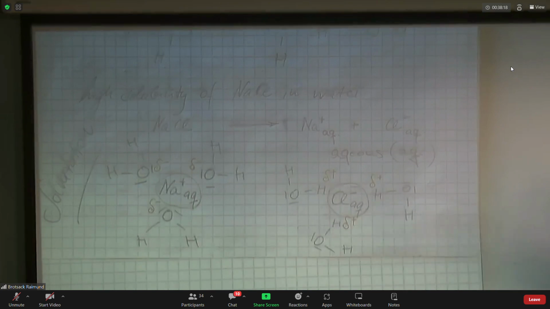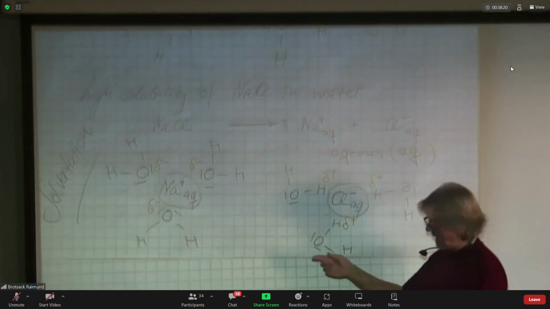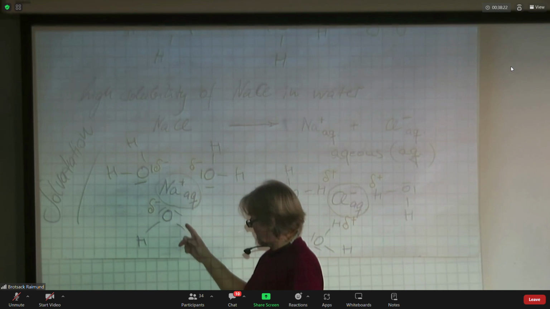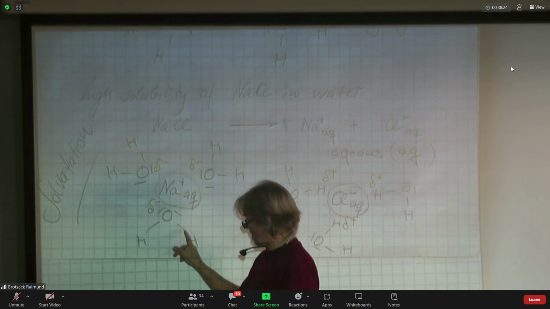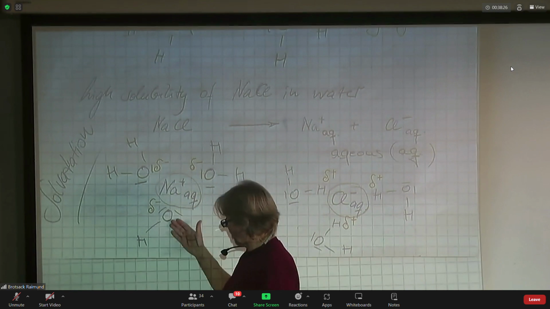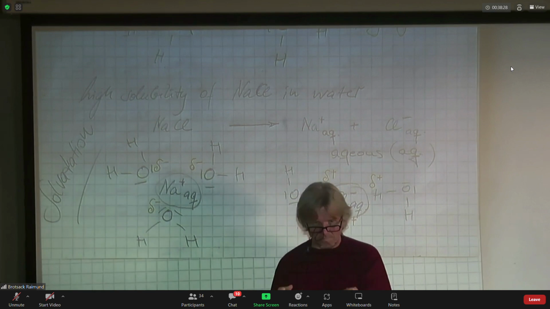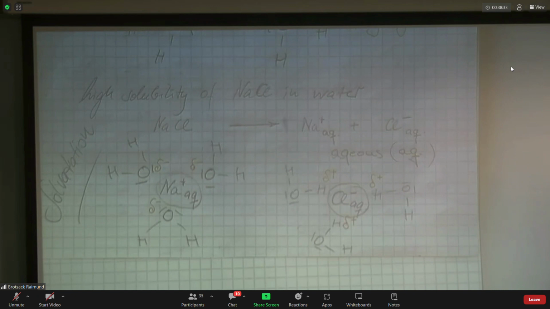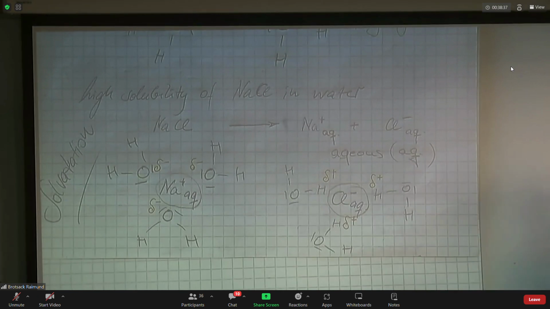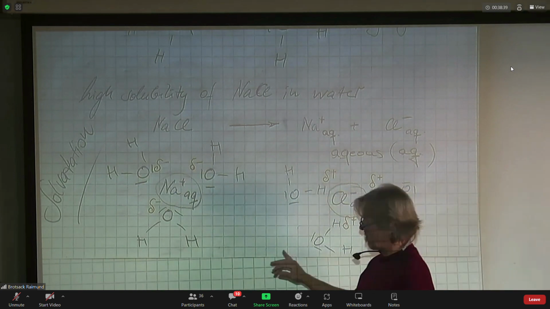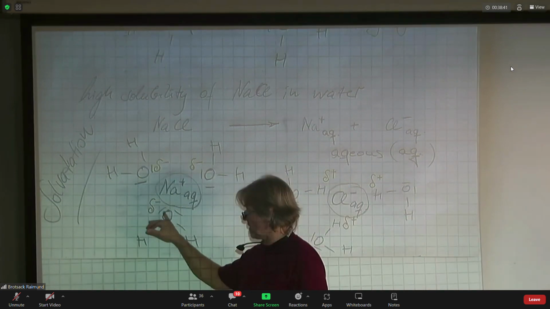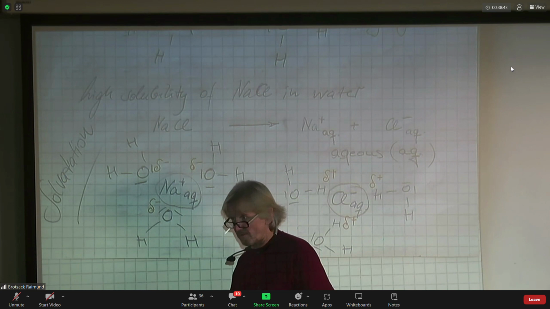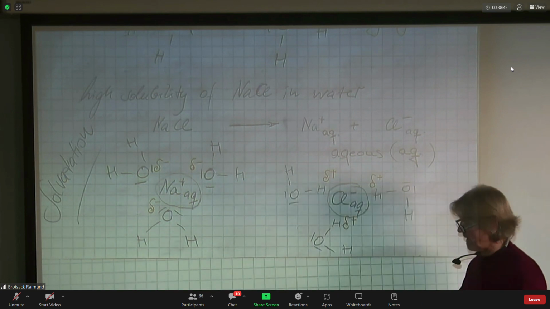So the electrons in this chemical bond, which is built out of 2 electrons, are more on the side of the oxygen, because oxygen has more power to place the electrons nearby, and therefore we have a partially negative charge on the oxygen and a partially positive charge at the hydrogen.